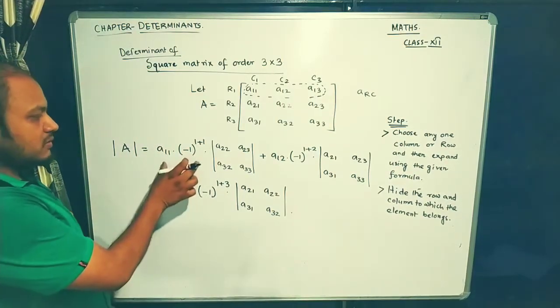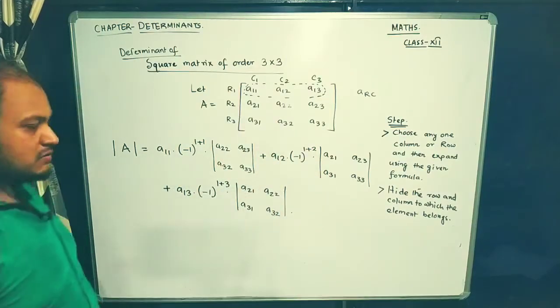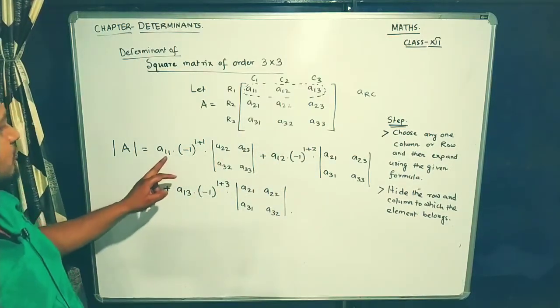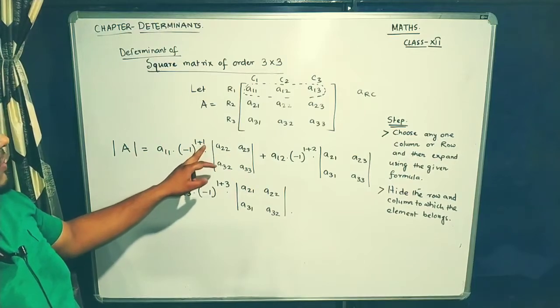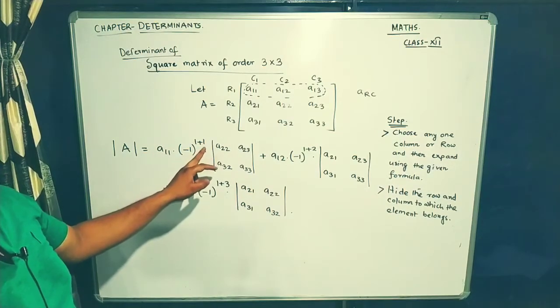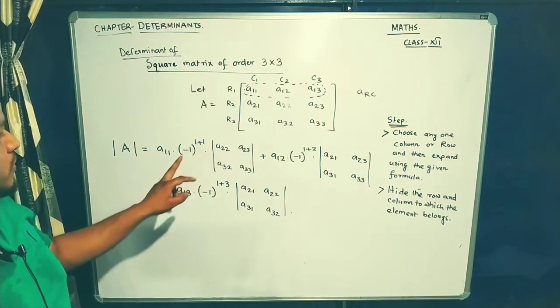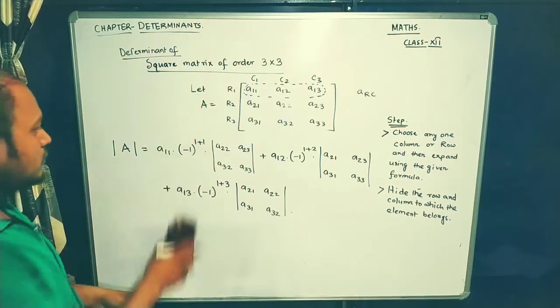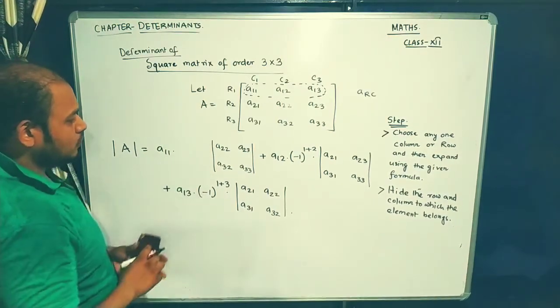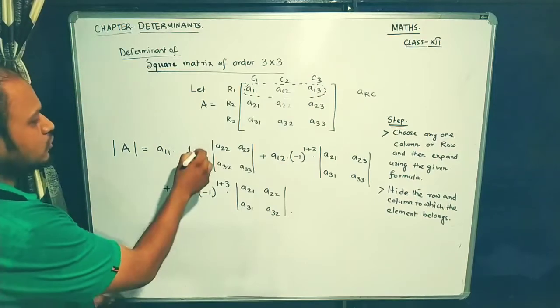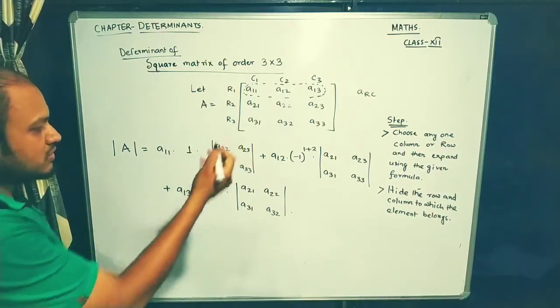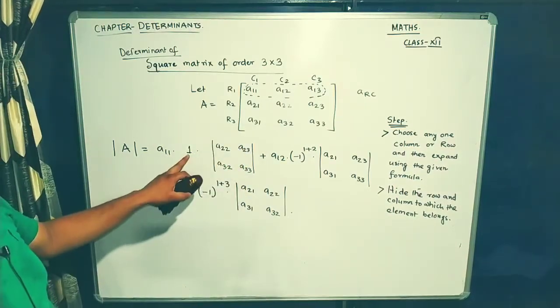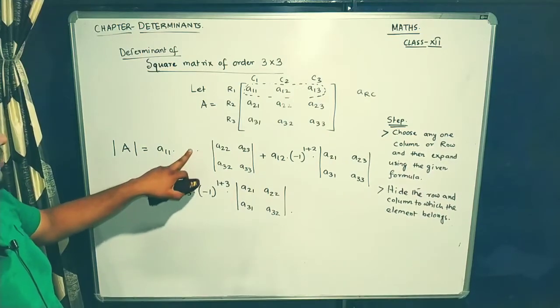So can you find the final value of this? It is very easy. You have to multiply A11 with minus 1 to the power 1 plus 1. Now see, what is 1 plus 1? 1 plus 1 is 2. So minus 1 to the power 2 is 1. So you have 1 in this position. So A11 into 1 into this determinant. So writing 1 here or not writing here does not matter.